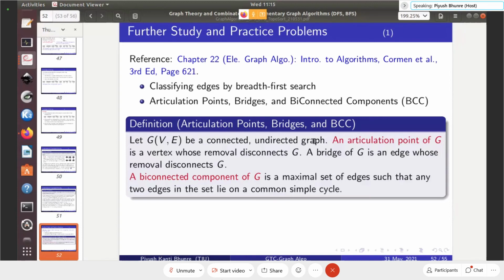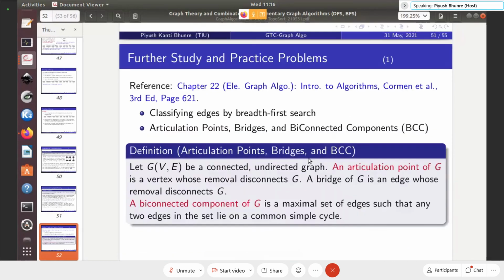If you remove a vertex and the graph becomes disconnected, that's called an articulation point.